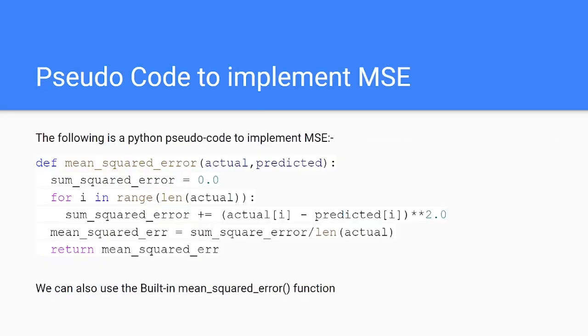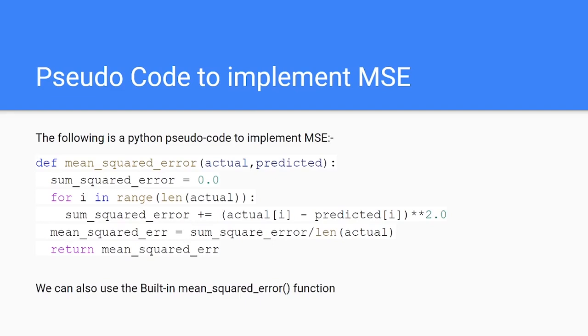And this is the pseudocode in Python to implement mean squared error. This is a function that takes in two parameters, the actual output values and the predicted output values that are predicted by the model. We initialize the sum of the squares as 0 and loop through all the outputs and the predicted values, find the squared differences and sum them up.